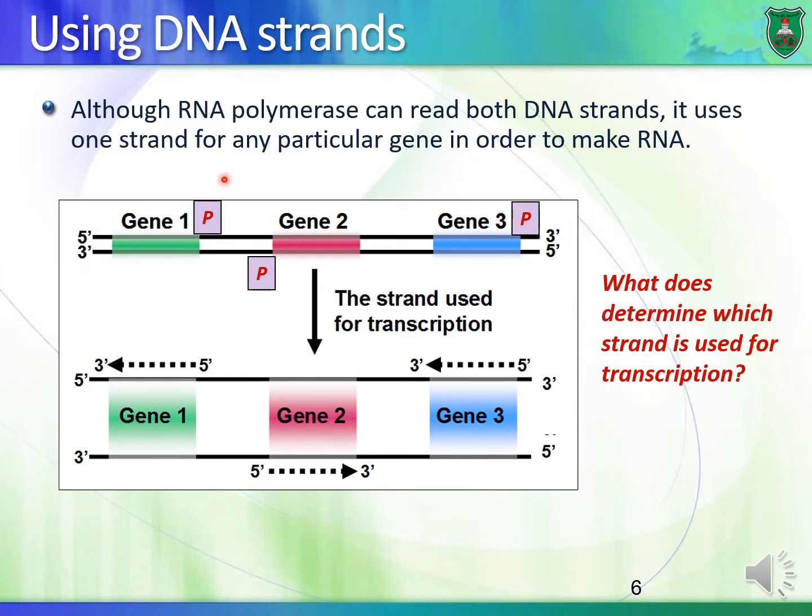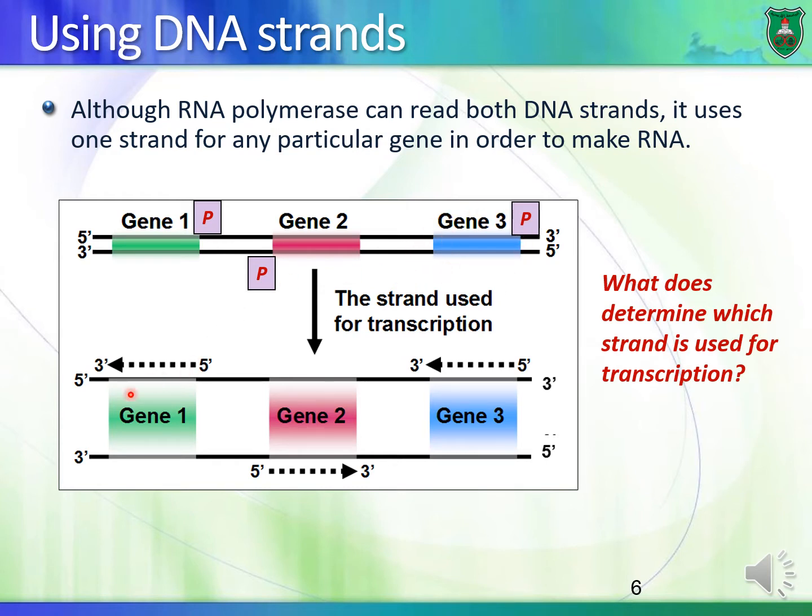So basically, let's say here we have a region of DNA that has 3 genes. Okay, so we say that gene 1 is located here on this DNA or this position of chromosomes, loci or locus. This is the position of gene number 2, and this is the locus of gene number 3.